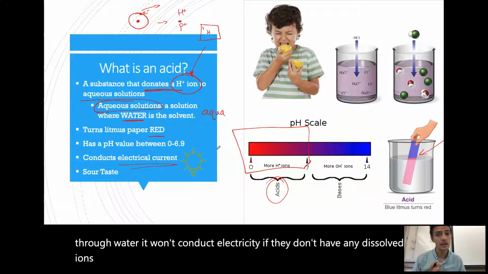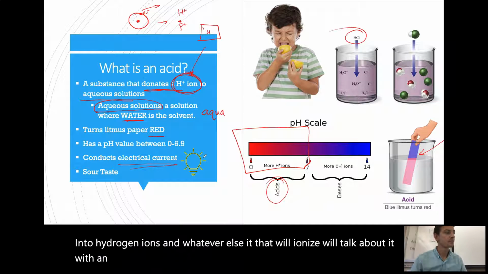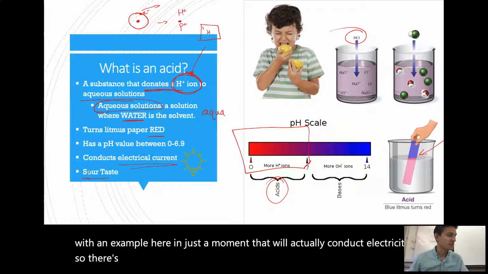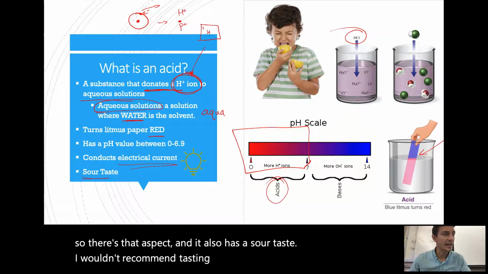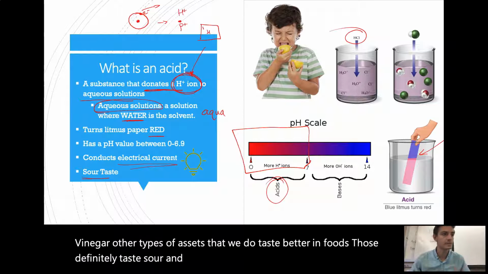But because you're putting something that ionizes and turns into hydrogen ions and whatever else that will ionize, we'll talk about it with an example here in just a moment, that will actually conduct electricity. So there's that aspect, and it also has a sour taste. I wouldn't recommend tasting any acids in the lab, but lemons, vinegar, other types of acids that we do taste that are in foods, those definitely taste sour, and we can say that actually for the rest of the acids, even that are in the lab.